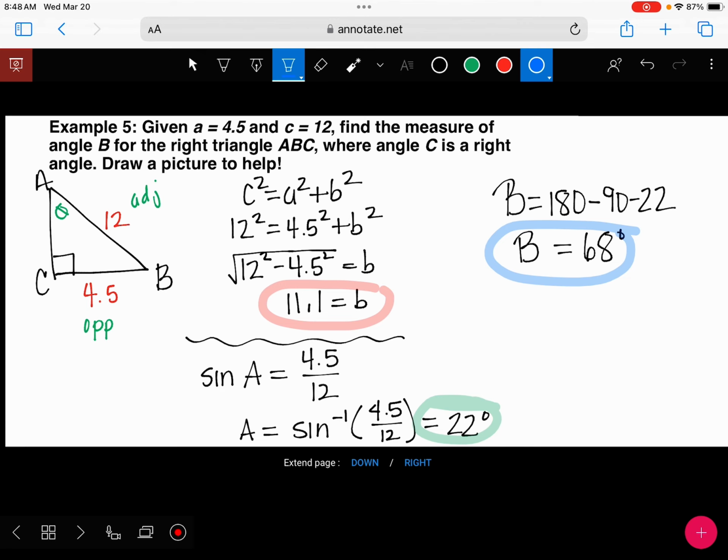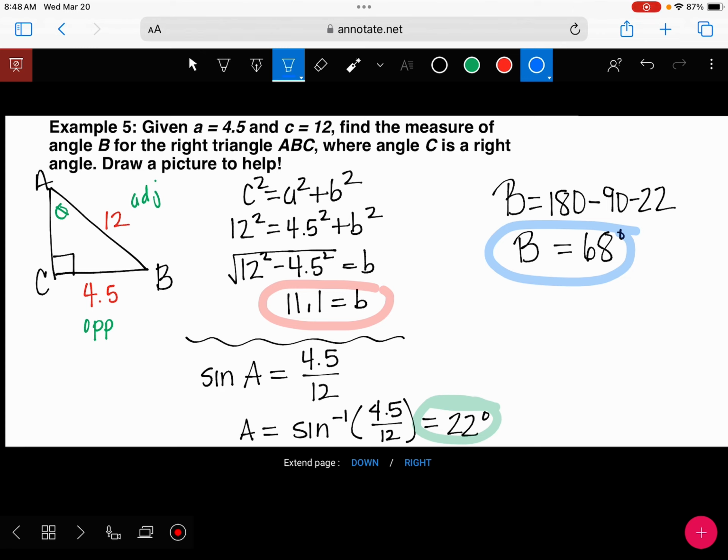So we had to subtract it. c squared equals a squared plus b squared, so you should have 12 squared equals 4.5 squared plus b squared. We had to subtract that 4.5 squared and take the square root of that. So that would be the only thing. Just be careful because I think the main mistake, number one, make sure you're drawing your diagram correctly.